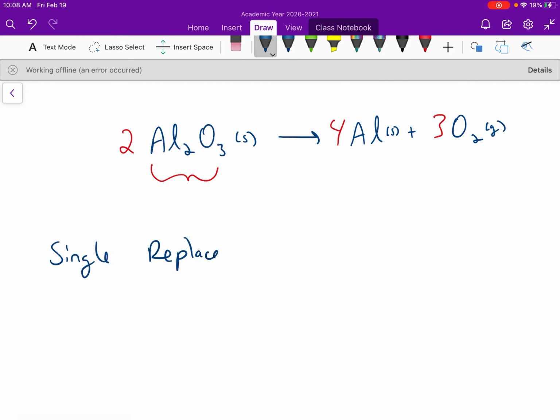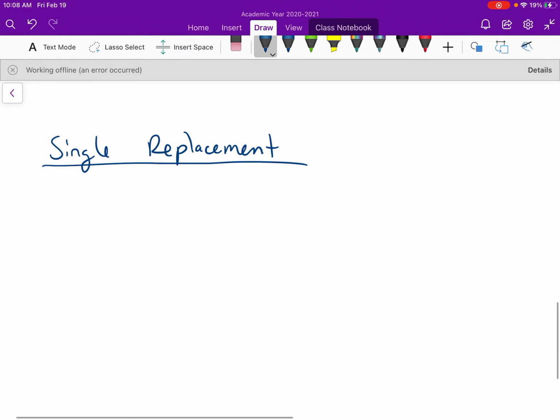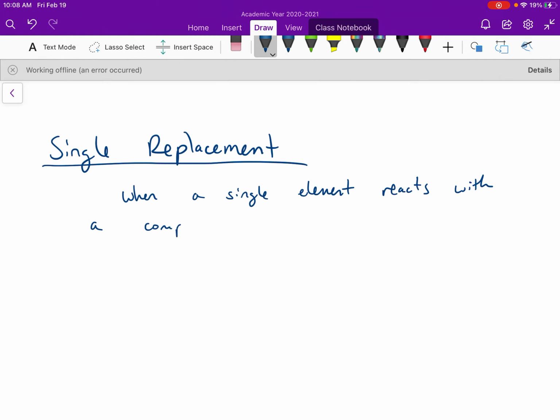Single replacement. Okay, single replacement. So this would be when a single element reacts with a compound and switches places with something.